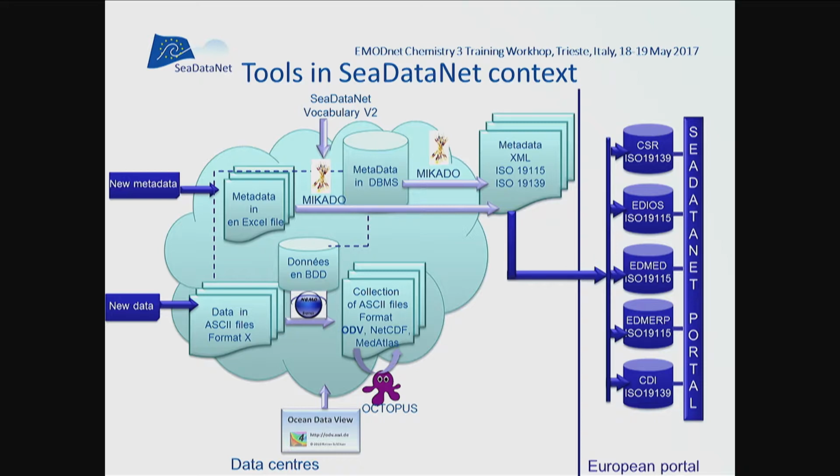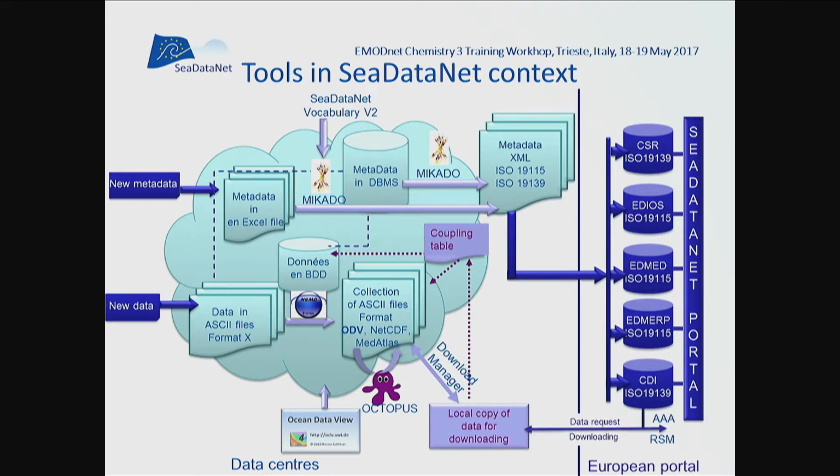And if you want to have several CDataNet formats of your data files, for example NetCDF and ODV format, you can use Octopus to convert from one CDataNet format to another one. And this is the other part of the system where you know that we have the download manager, which is connected to the coupling table to retrieve the data in the data centers.